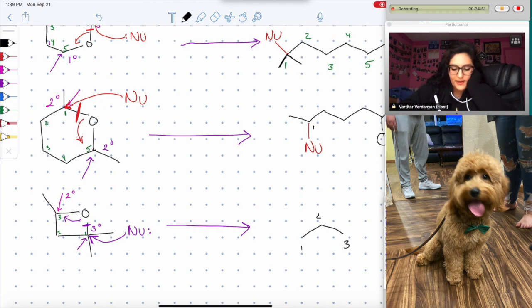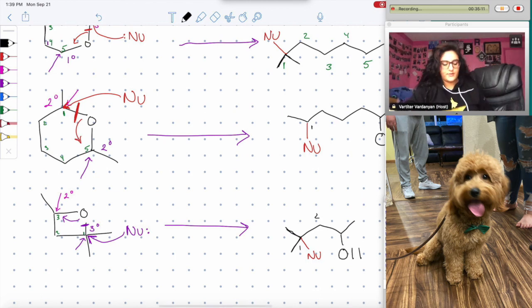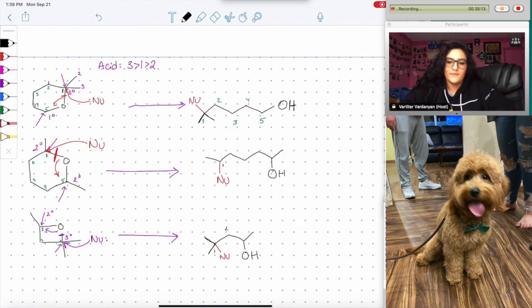So bam and bam. And on carbon number 3, we have 1 methyl group. In addition to that, our nucleophile is attached to carbon 1, and our alcohol is attached to carbon 3. So, ta-da.